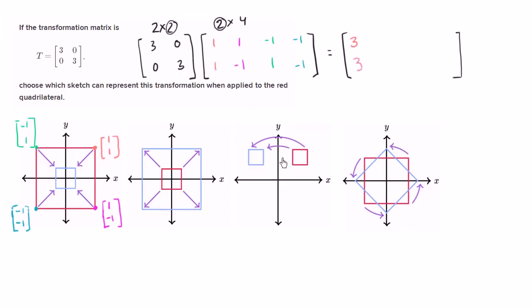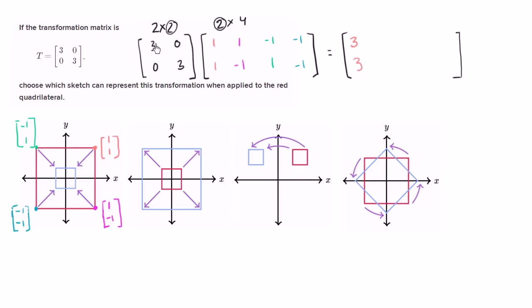And I think you see already a pattern here. To get the x coordinate for each of these vectors, we really just multiply 3 times the x coordinate, and we don't involve the y coordinate because we're multiplying it by 0. We'll see that over and over again.